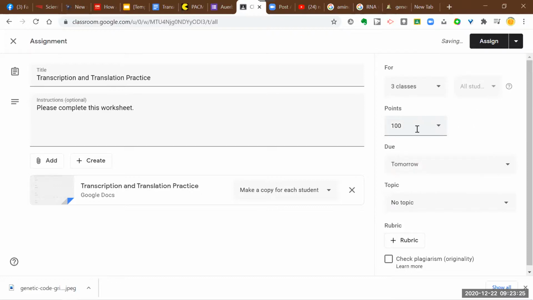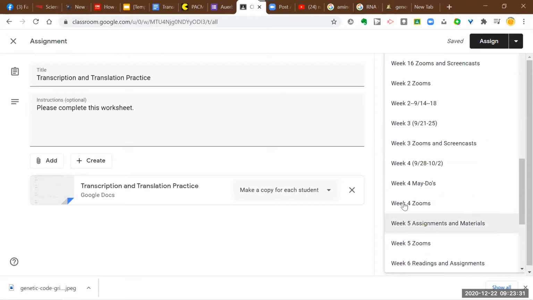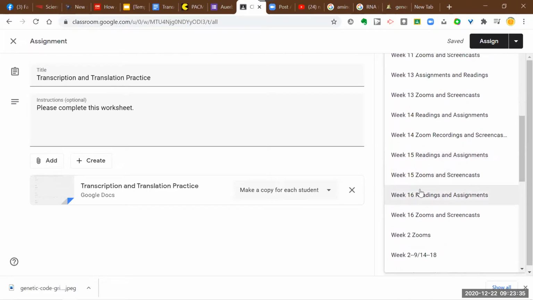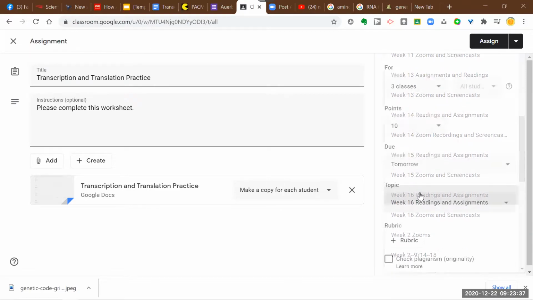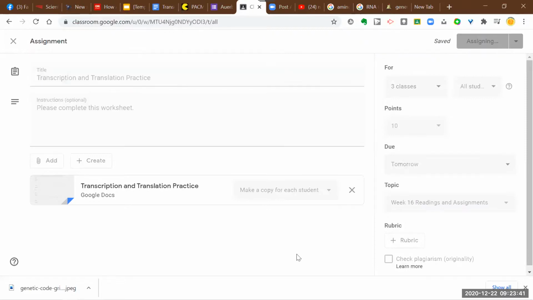Okay, we'll make this a 10-point assignment, and we'll put it in week 16. Okay. All right, so that's been assigned. Let's take a look at this real quick.